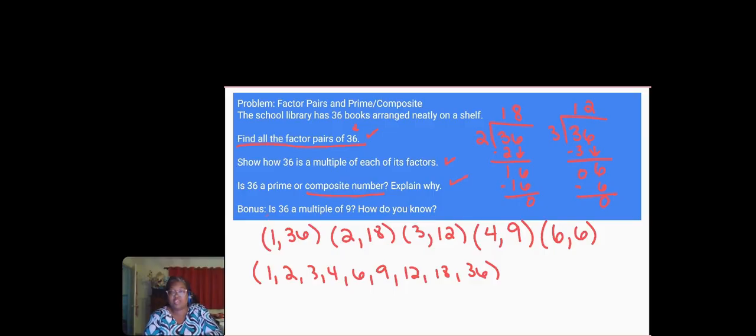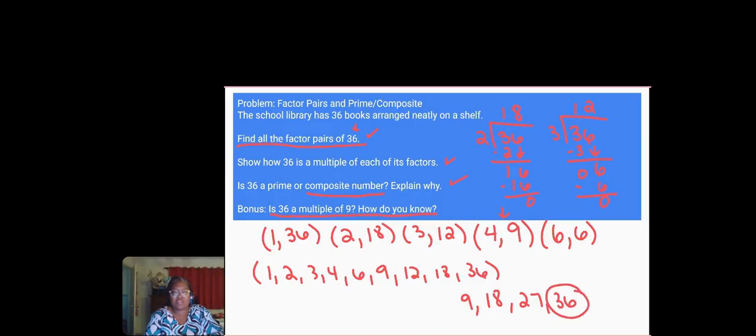Finally, is 36 a multiple of 9? How do you know? Well, when we were looking for factor pairs, we did realize that 4 times 9 gives us 36. So that means if we were listing out the multiples of 9: 9, 18, 27, 36.